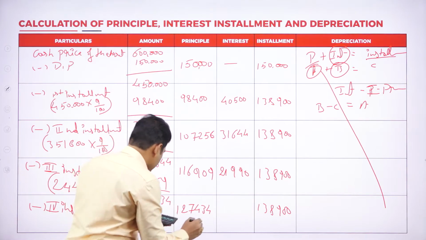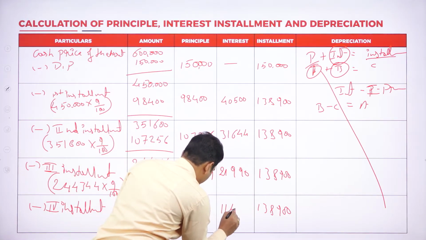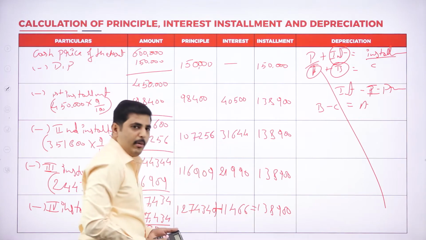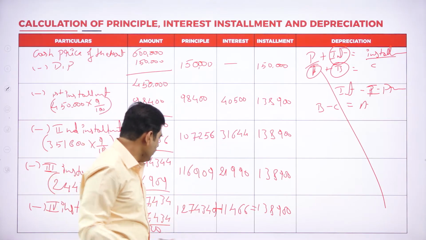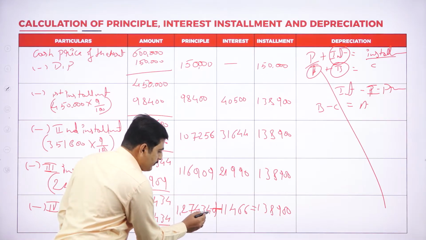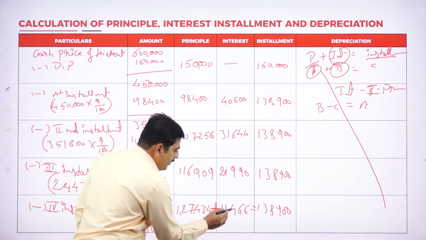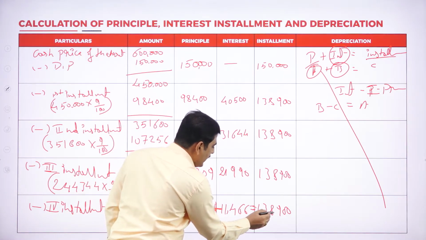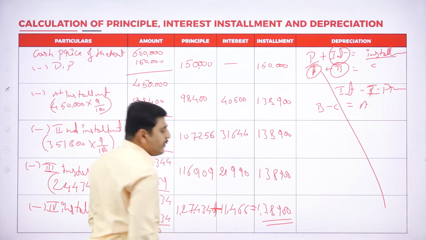So the difference is 11,466. We have to just adjust the amount here, so we should not calculate. So 1,27,434 plus 11,466 equals 1,38,900. So this is how we should adjust.